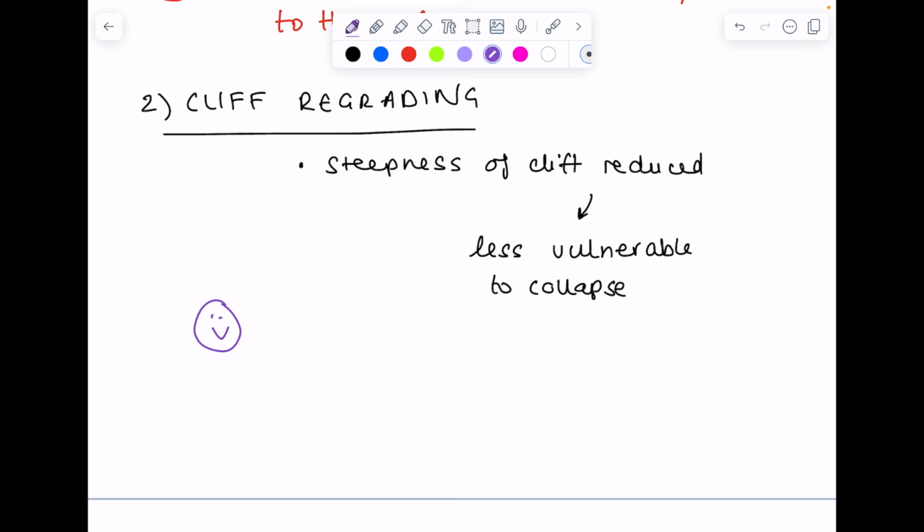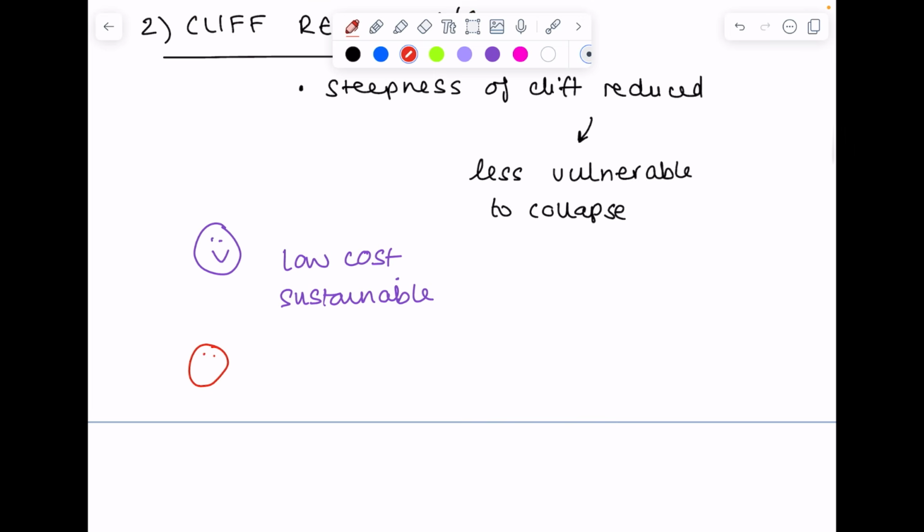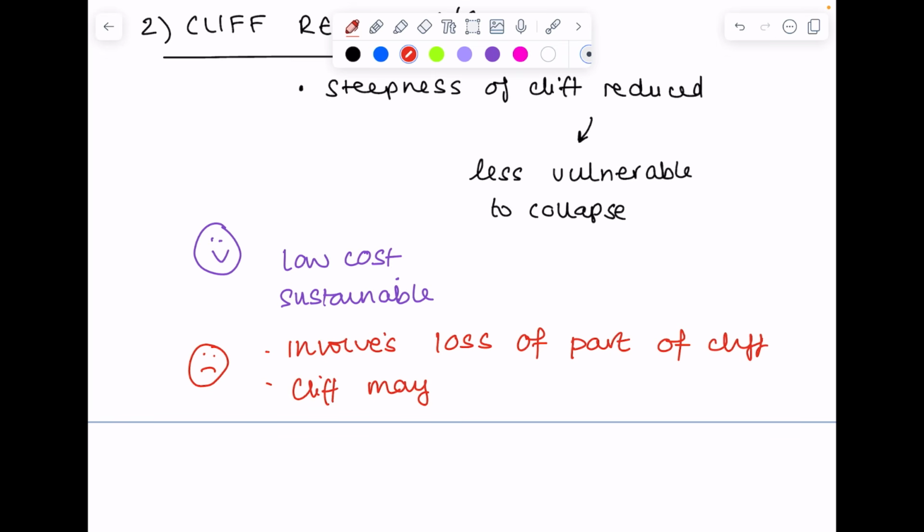Good things about this is that it's fairly low cost, and again, it's sustainable. Bad things about it is that it involves the loss of part of the cliff. And whilst doing this, the cliff itself may collapse, particularly if it's unstable to begin with.